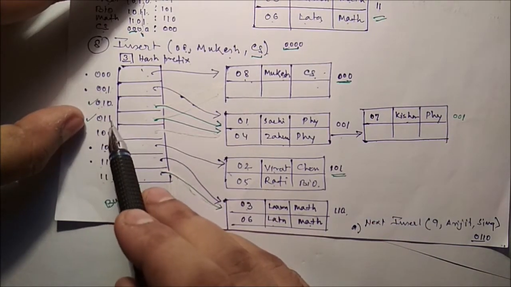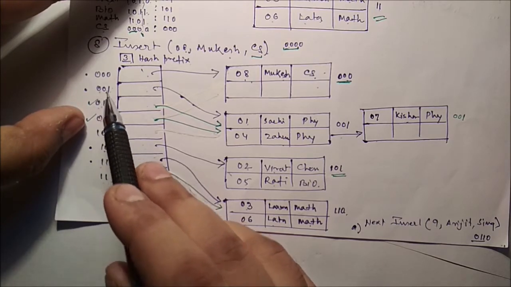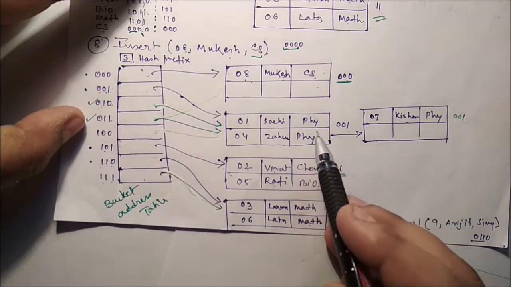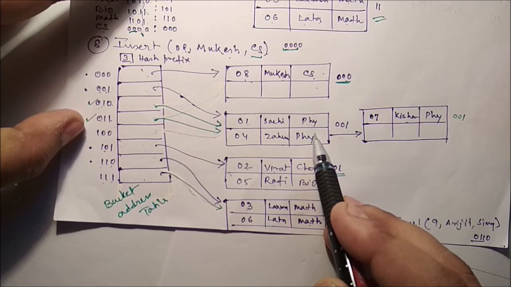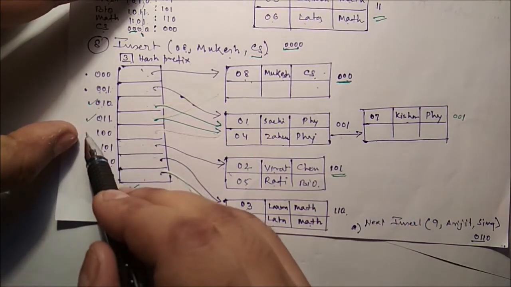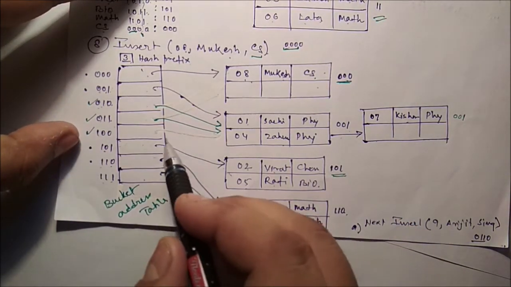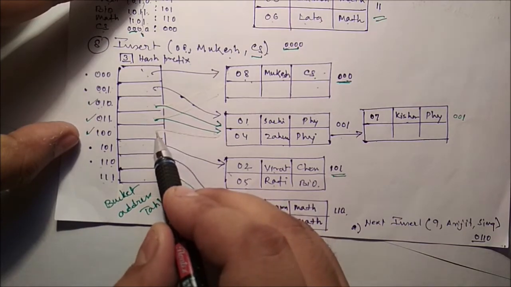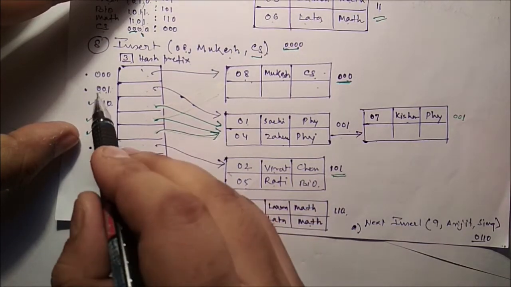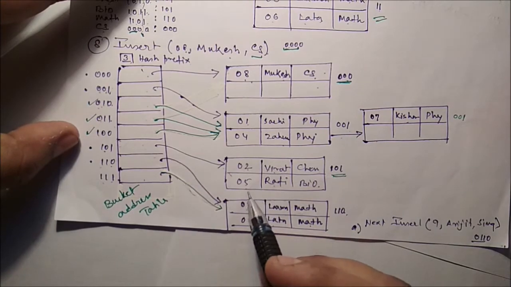Similarly, 011 should point to the previous one, the 001 bucket. 001 bucket means the physics bucket. Are you getting this one? Similarly, the 100 bucket is not there, so it will also point to the previous one, that is 001.